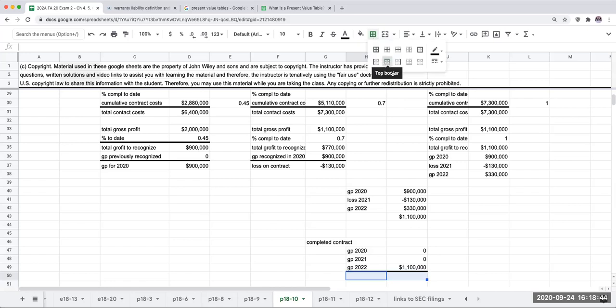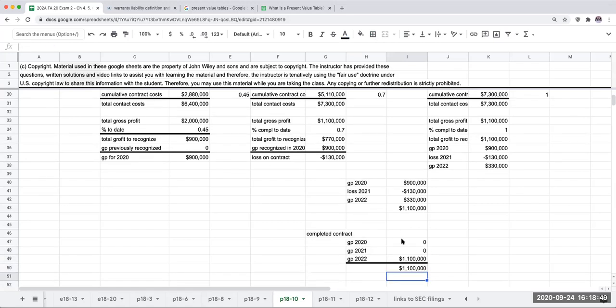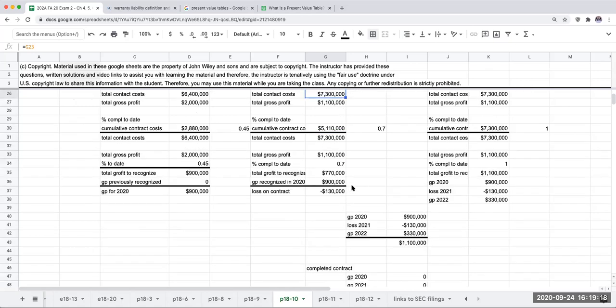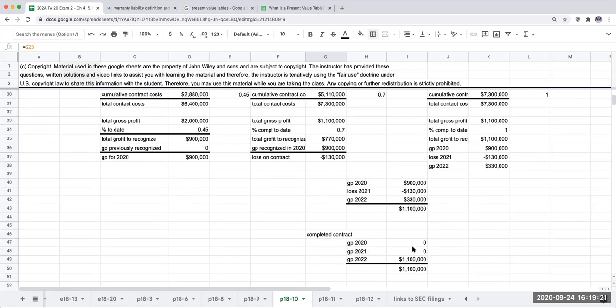Now, the one thing about this question that I like to do on exams, because it's pretty messed up, is that what happens if instead of this being 7.3 million, what if it is 8.5 million? In that case, if I have a loss on a contract, meaning that my cost to date plus my estimate is exceeding the amount of the contract price, under the completed contract method, I would need to recognize that loss immediately.